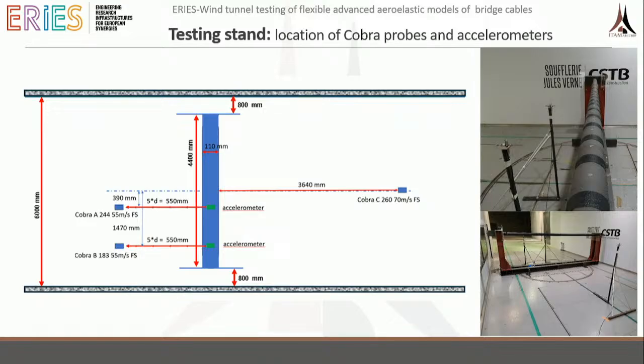One was here on the windward side, about 3.5 meters from the specimen, and 2 Cobras were put here, on the plane where the accelerometers were put. The distance was about 5D.